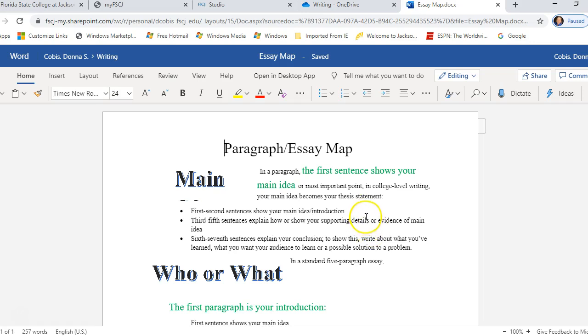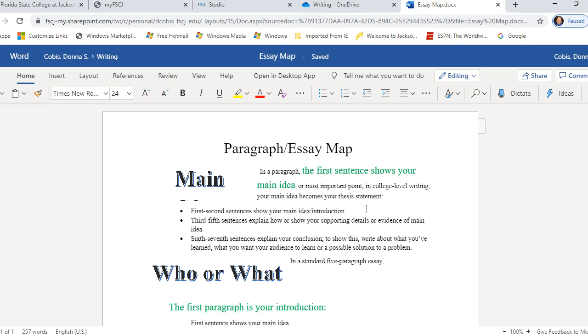So in an essay, we have a little bit more room or space than in a paragraph. So your second sentence might be your main idea, but it could also be a little further down in your first paragraph.